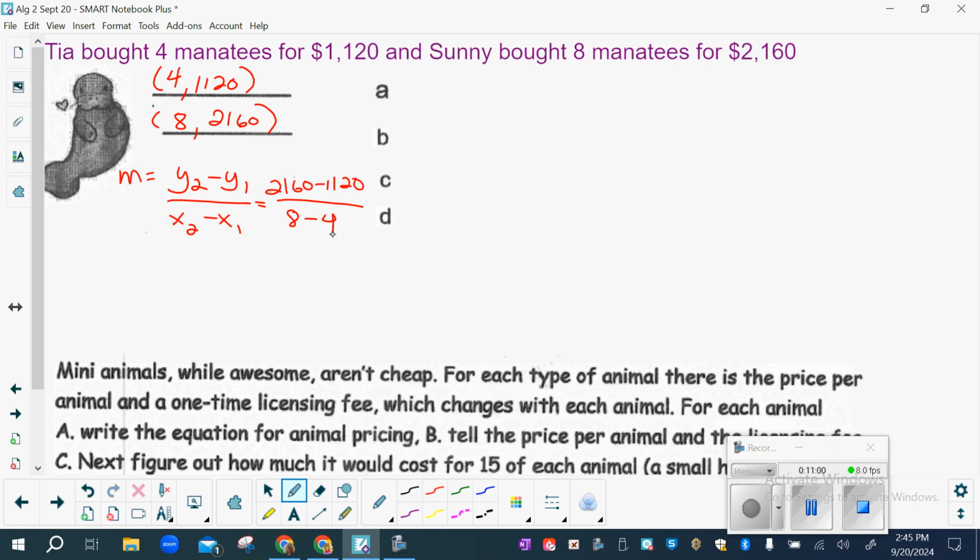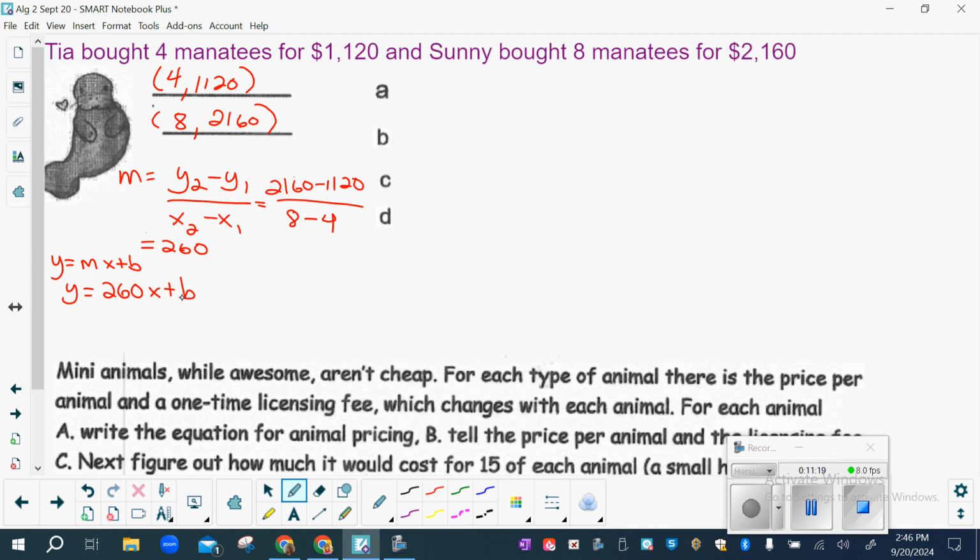And so we get an answer of 260. And that 260 goes where in our equation? Slope. That's the m. So it's y equals 260x plus b.